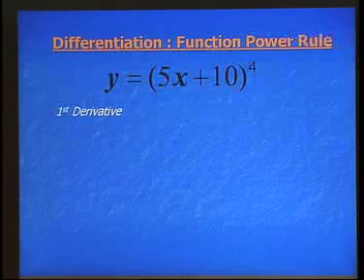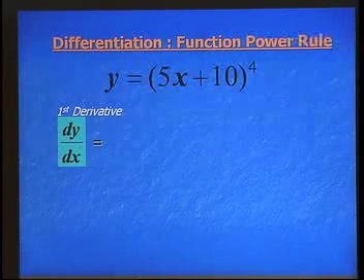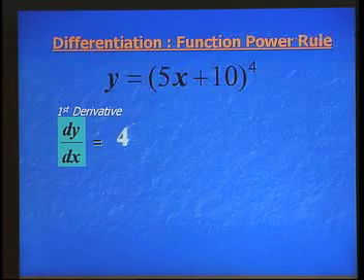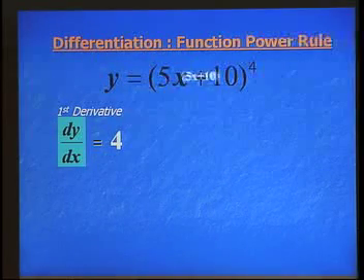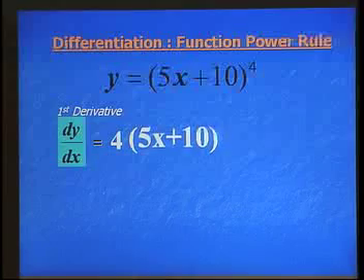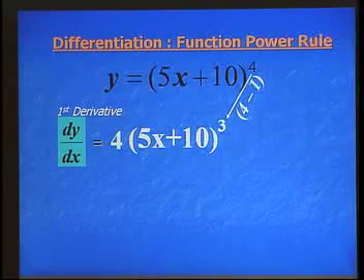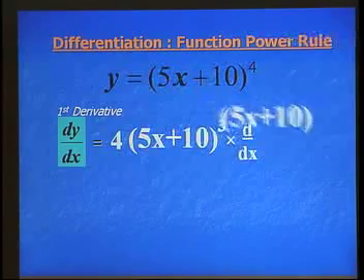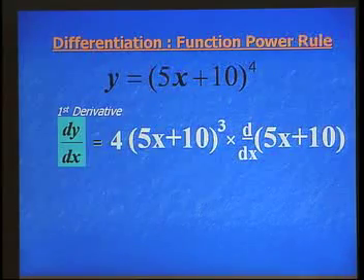For a function with power, the function power rule of differentiation will be applied, where the power will come down to be a coefficient and the power of the function will reduce by 1. Then the differentiation of the original function will be multiplied again.